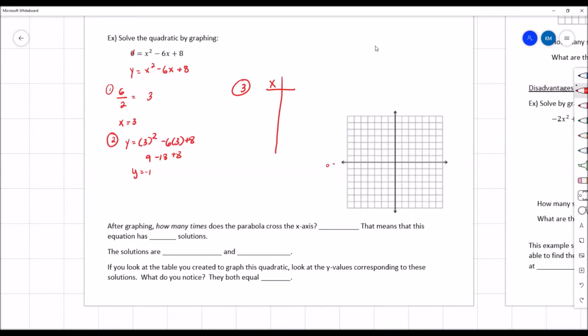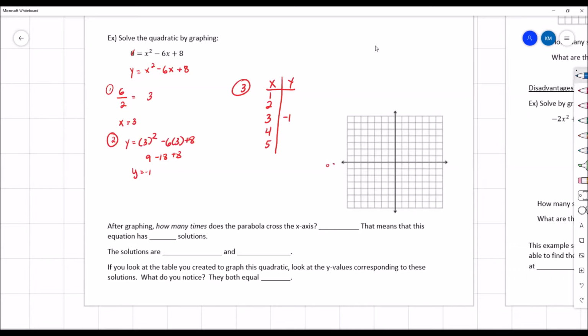Last step here, we make our table. In our table, x, y, our center is 3, negative 1. Nothing tells us to count by something different, so we just put the numbers around here, and then we plug in our values to solve. So I'm plugging in 5.